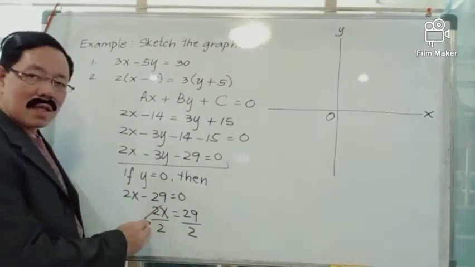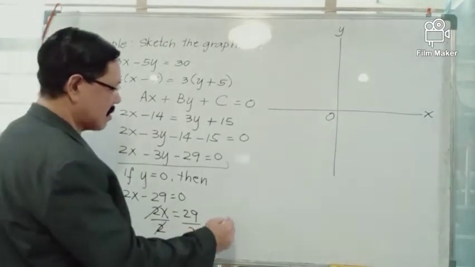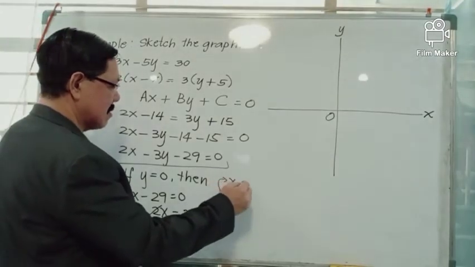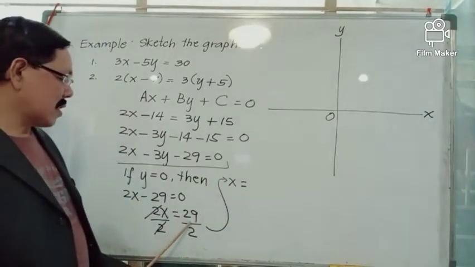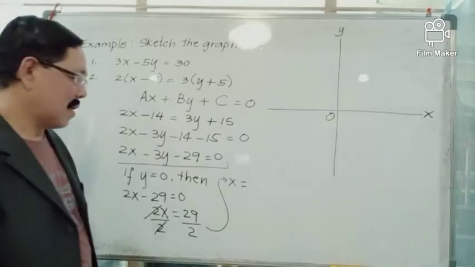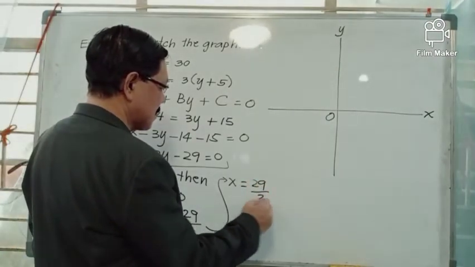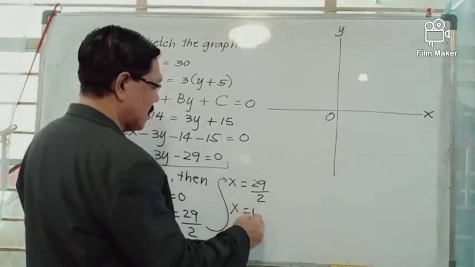And 2 will cancel out from the left. We get x equals 29 over 2, or that's 14.5.